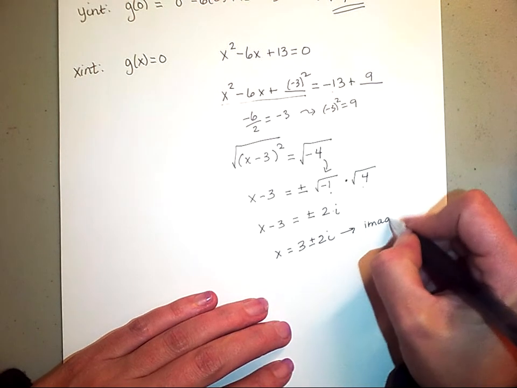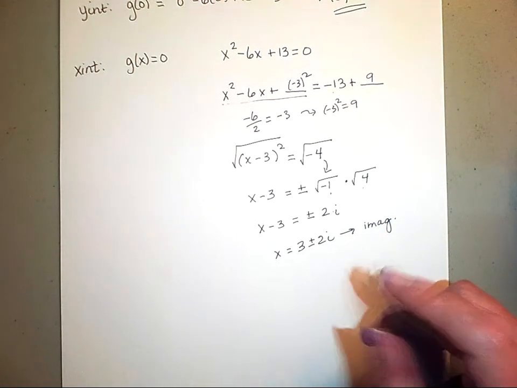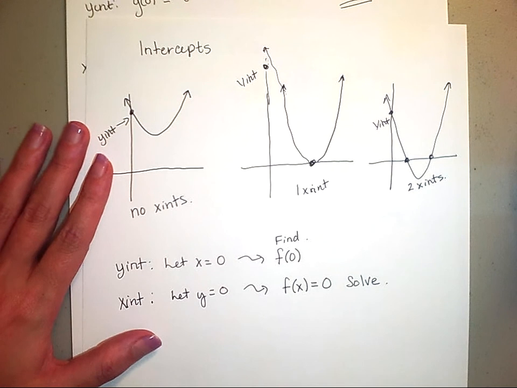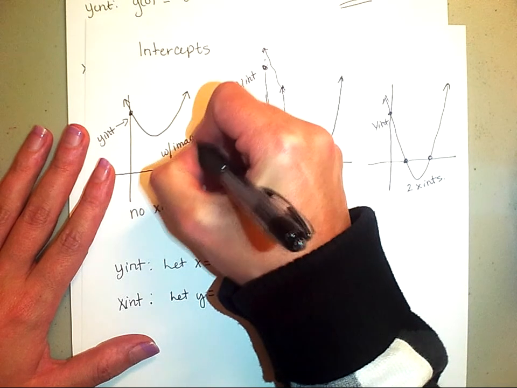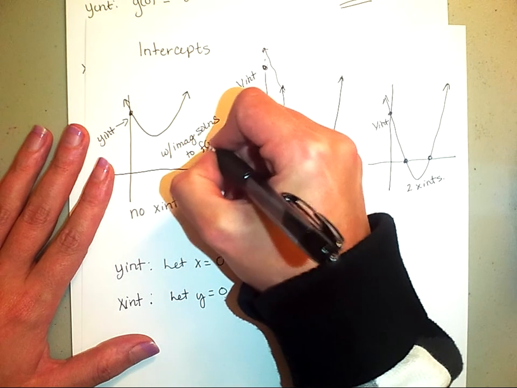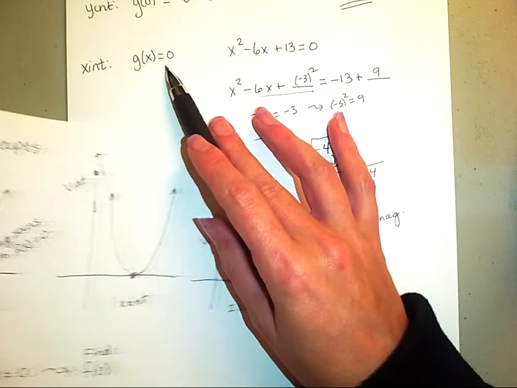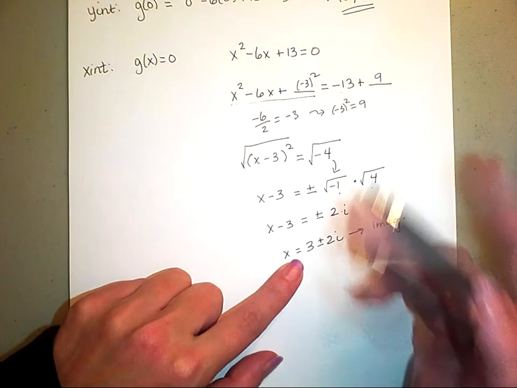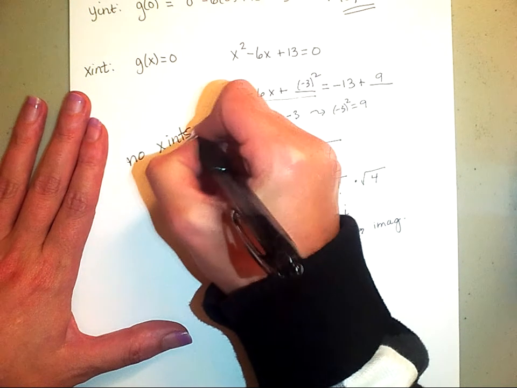The problem here is that this is imaginary. And what that means is that we're in our first scenario here where there are no x-intercepts. This occurs with imaginary solutions to your function equals 0. So that's what we did. We took our function, set it equal to 0, and came up with an imaginary solution, so there are no x-intercepts.